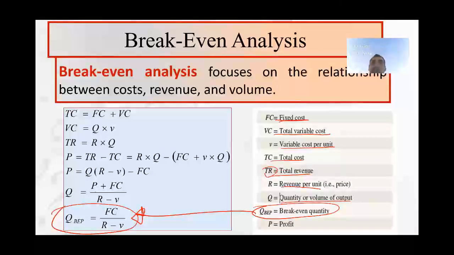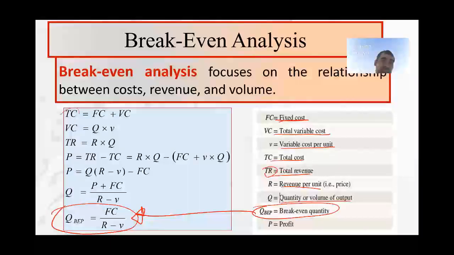The break-even quantity is the quantity where you start making profit. At that point, you break even, and one additional production unit will start producing profit after that point.